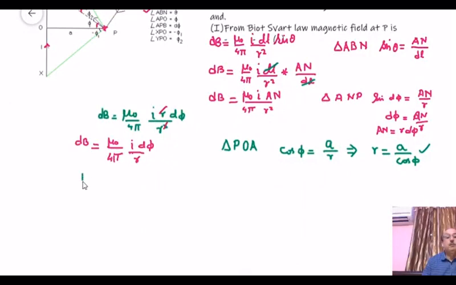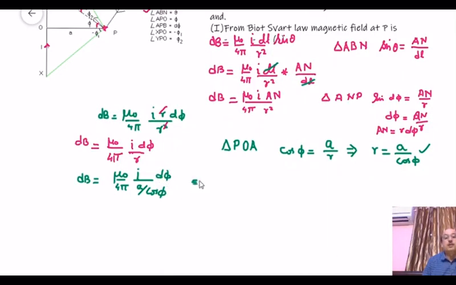So dB is equal to mu naught by 4 pi, I upon r, which is A by cos phi, and d phi is here.